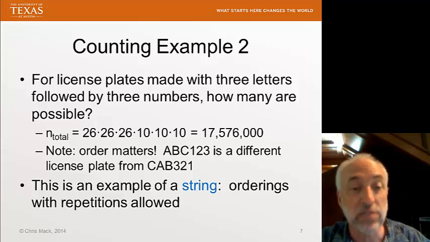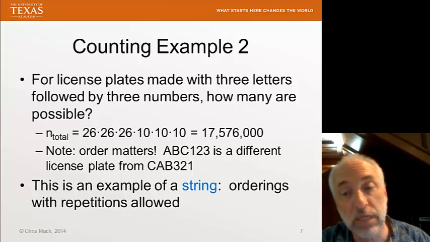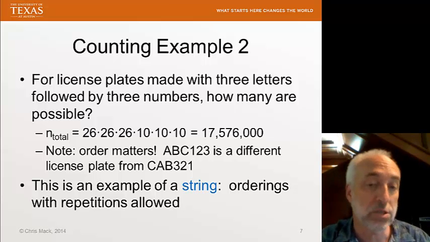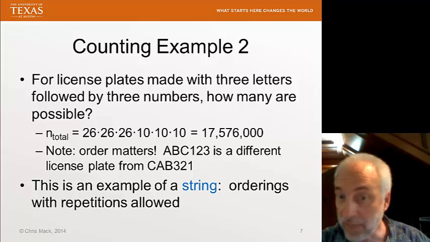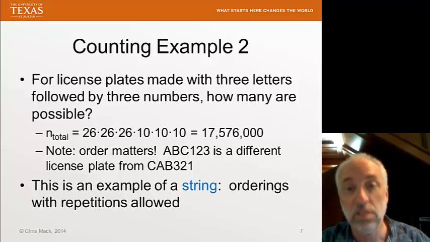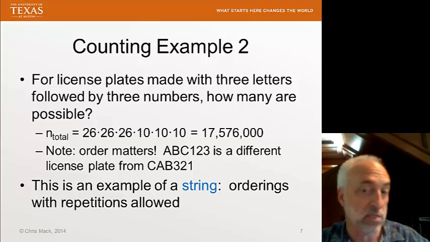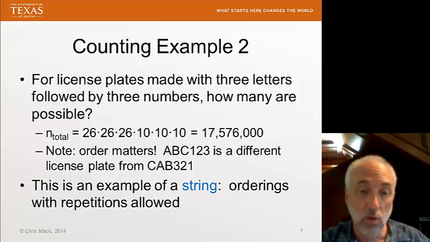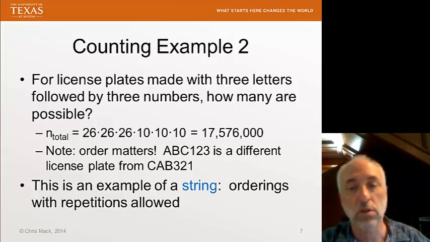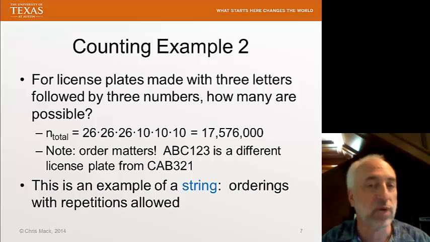A string is, in particular, orderings of characters with repetitions allowed. That is, I'm allowed to have the same letter twice in my license plate. Orderings with repetition is called a string, and we can use the product rule to figure out how to count.